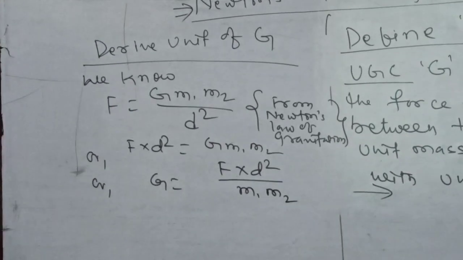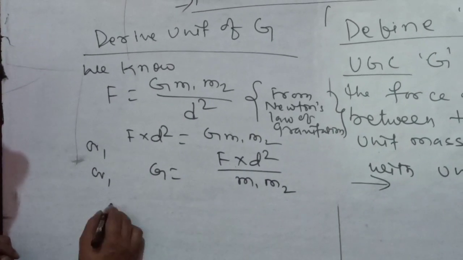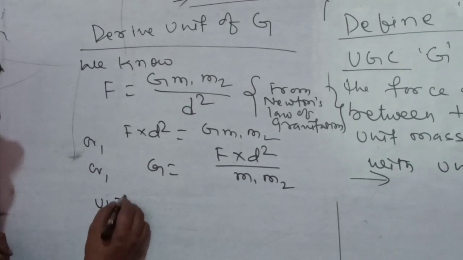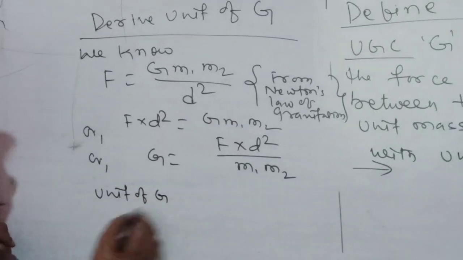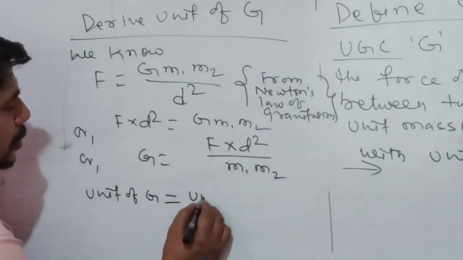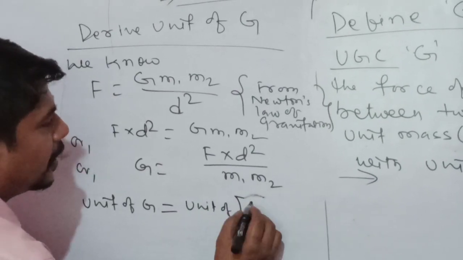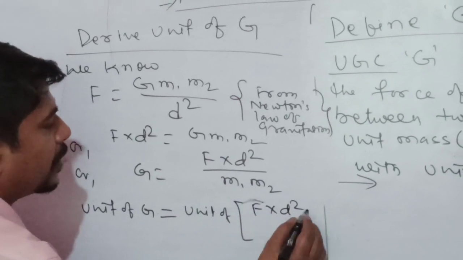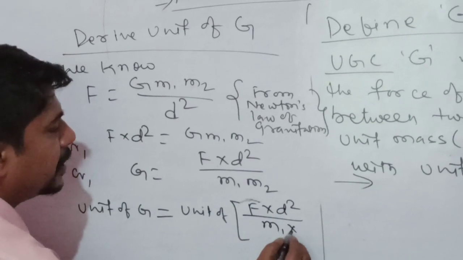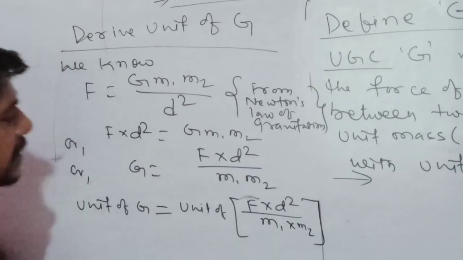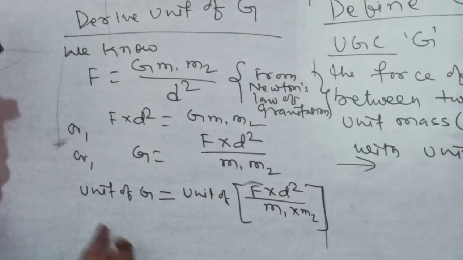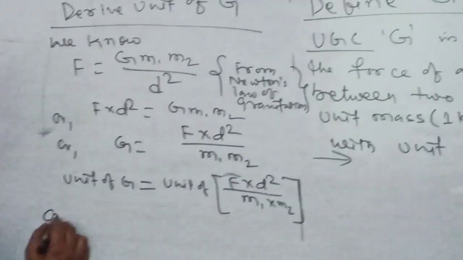Now the unit of G will correspond to the unit of F into d square upon m1 into m2. Isn't it? Whatever the unit of this is, that will be the unit of G.